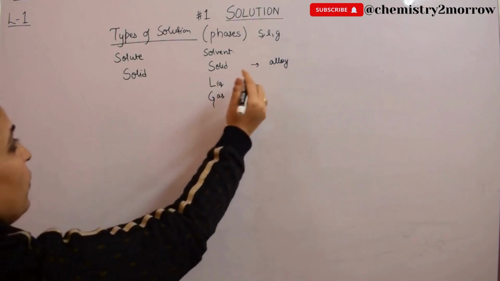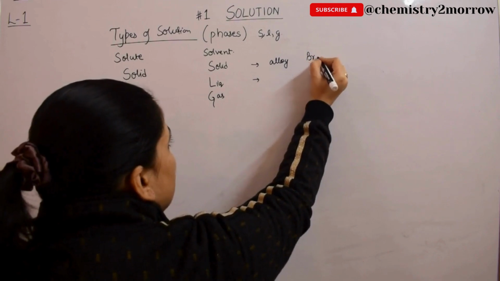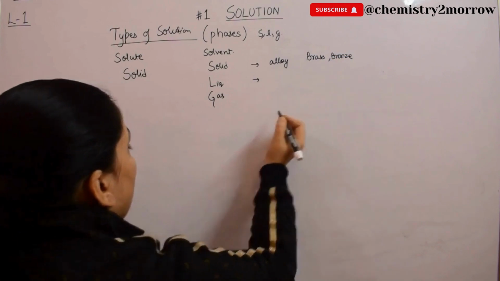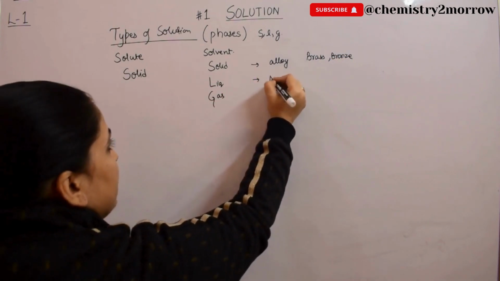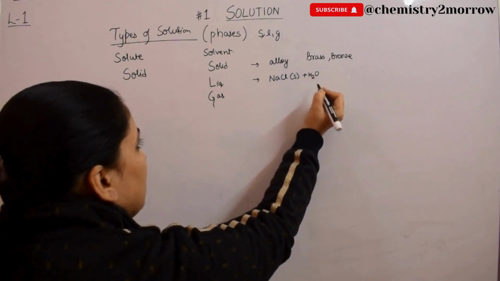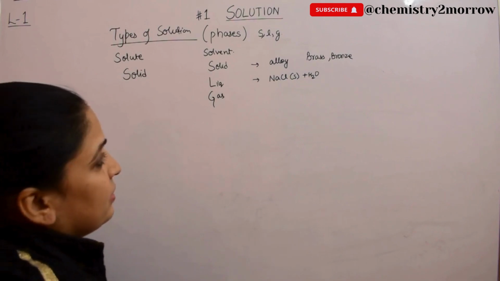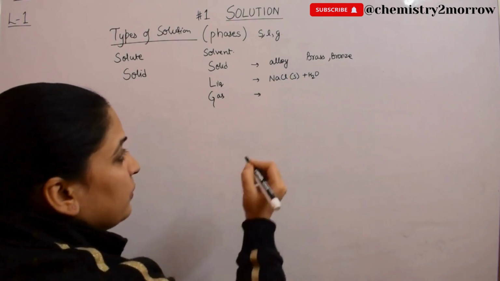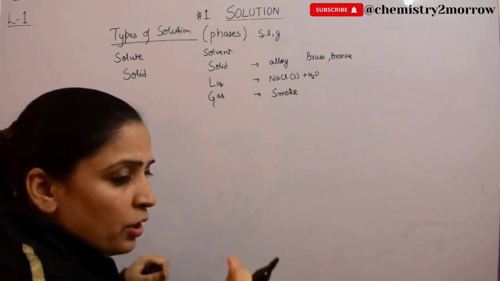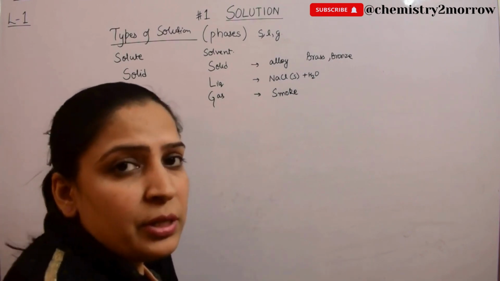Solid dissolved in liquid are kind of solutions. So alloys, example brass and bronze. Solid and liquid: solid is NaCl, as I said, and liquid is water. Solid and gas: you must have come across the word smoke. Smoke has solid particles and it is present in air.